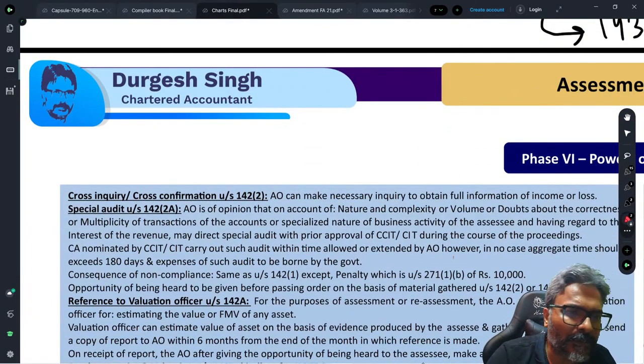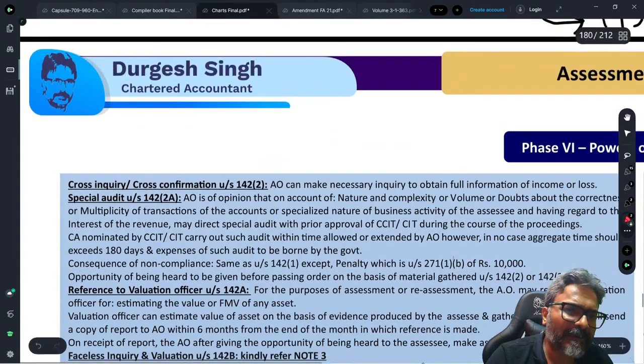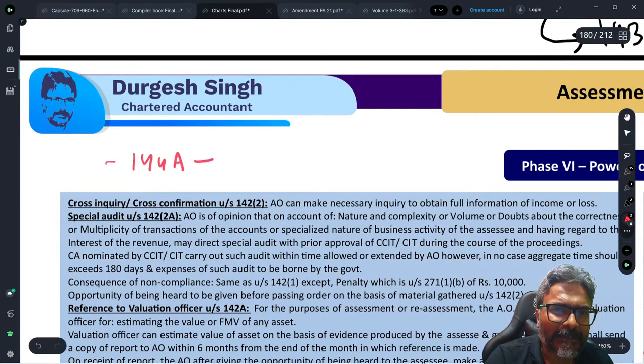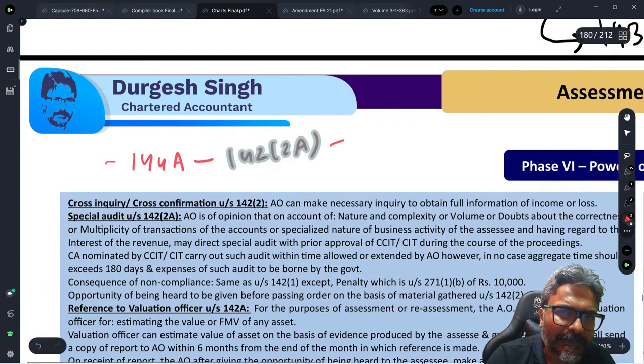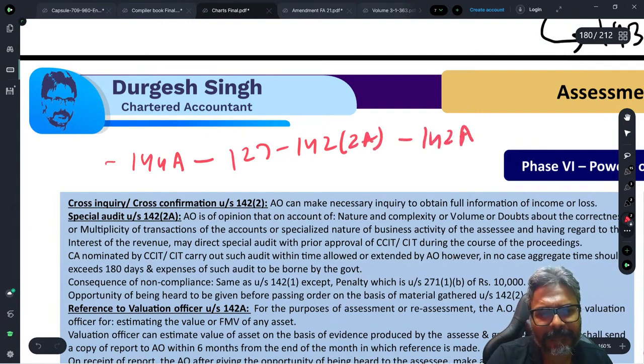All of you. Now, students, what is the next power which I have given to you? The power is 144A, thereafter 142A, and the last one is 142(2A).